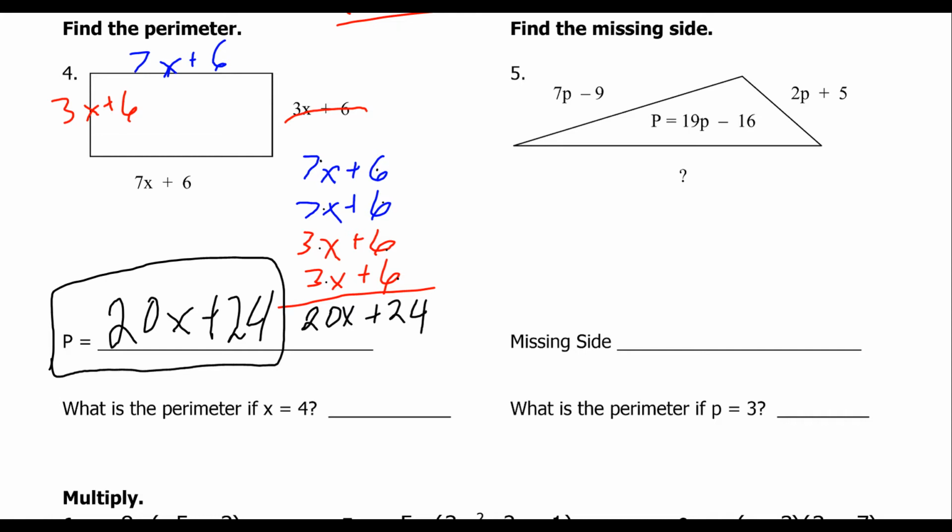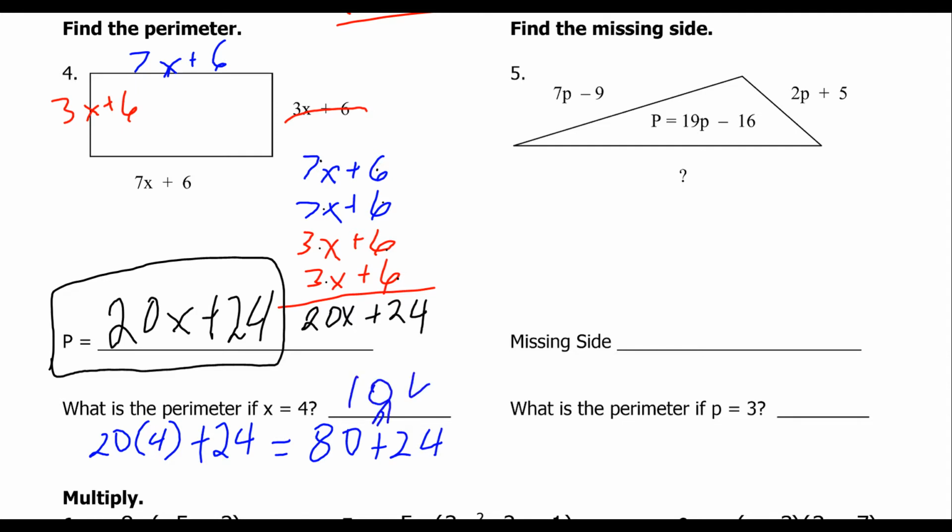And now it asks us, what is the perimeter if x equals 4? The perimeter if x equals 4 is going to be 20 times 4 plus 24, which yields 80 plus 24, which is 104, whenever we put in our calculator. Not too bad, right?